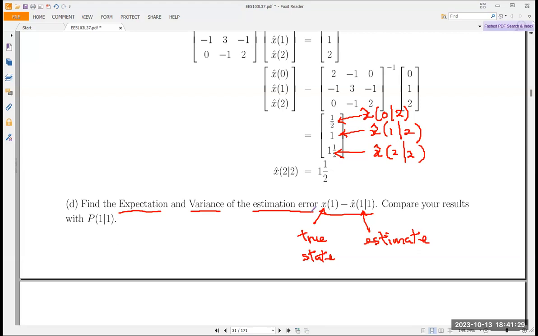Now, how come we have such a thing as estimation error, x1 minus x hat 1,1? It means something like this. Let's say you go and do an experiment.